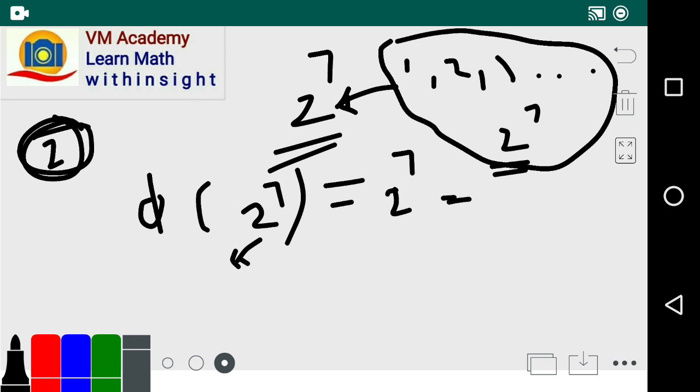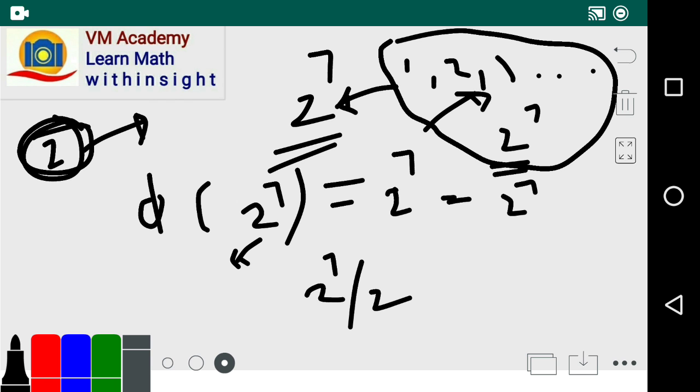So how many numbers have at least 2 as a prime factor? That means how many numbers are multiples of 2? That is nothing but 2 raised to 7 divided by 2, which is 2 raised to 7 minus 1.